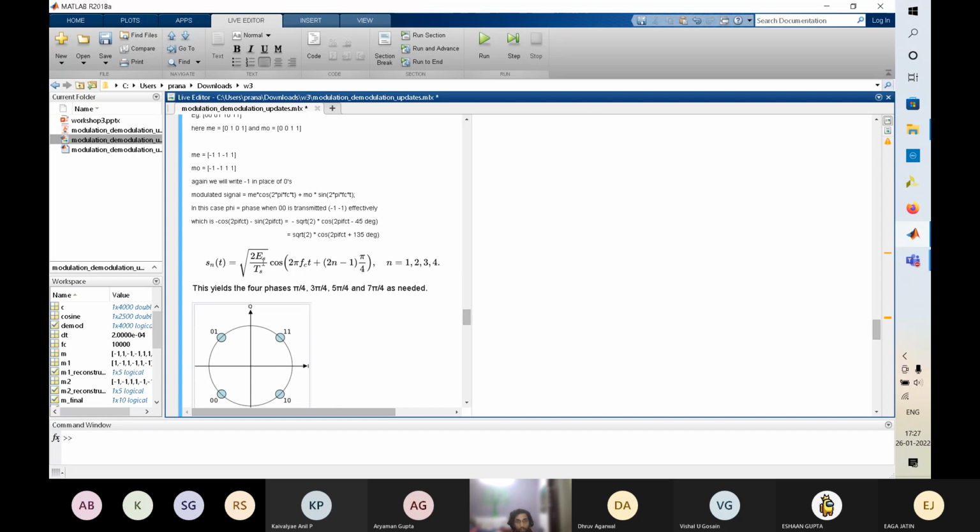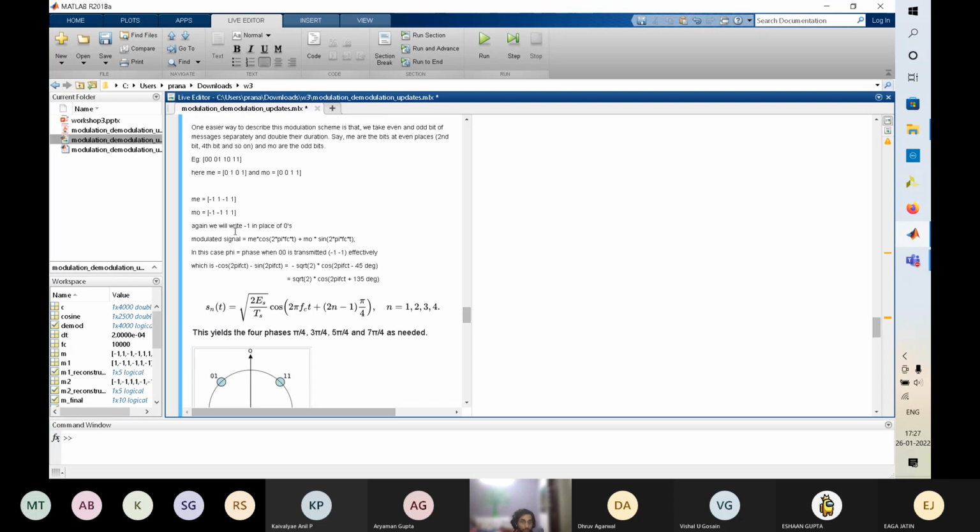This root 2Es by Ts is written to make the power of this signal 1. Here also we are doing ME and MO, the even bits and the odd bits. The message signal is 0,0, 0,1, 1,0, 1,1, so we divide it into even bits and odd bits.